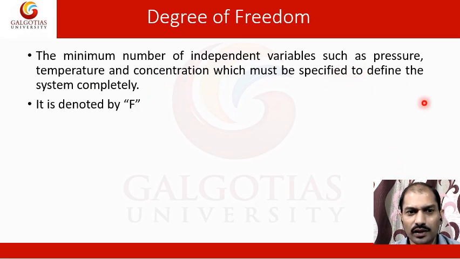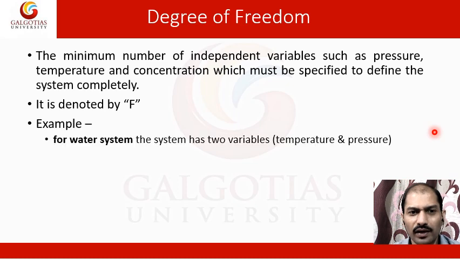These generally are in terms of pressure, temperature, and concentration, and the degree of freedom is denoted by F. So these are the variables. Pressure and temperature are very important, as you have seen. They have a great role in checking the triple point as well.